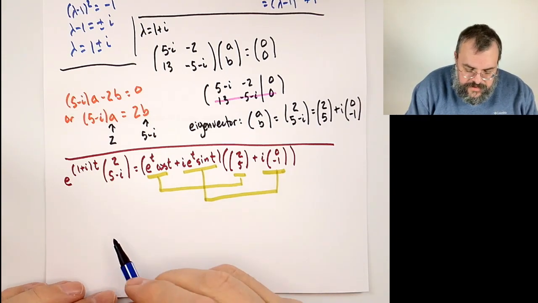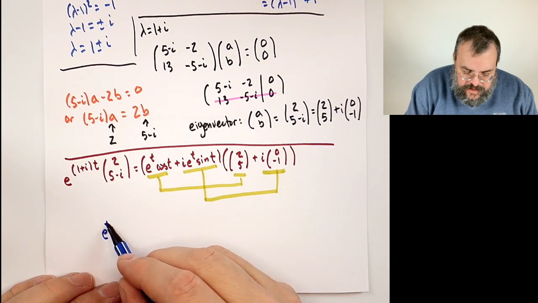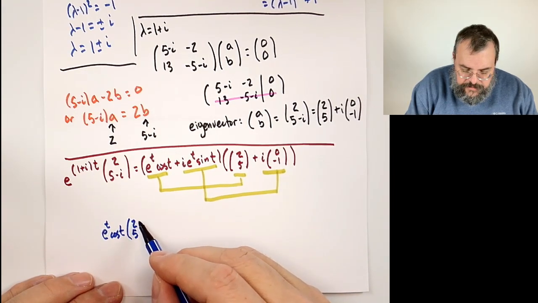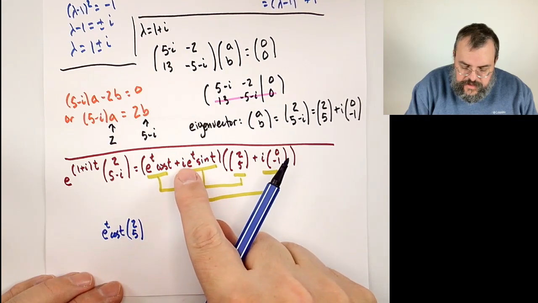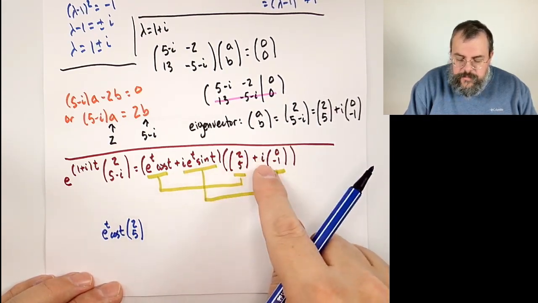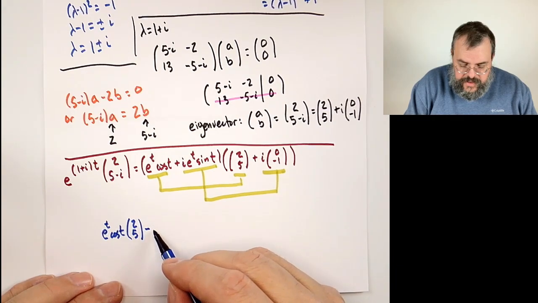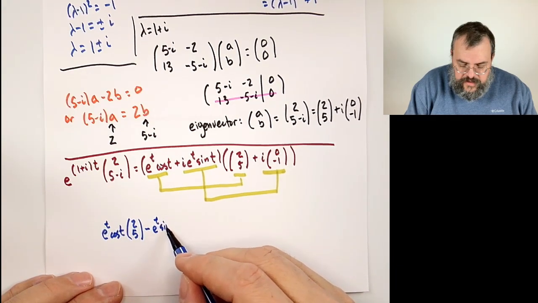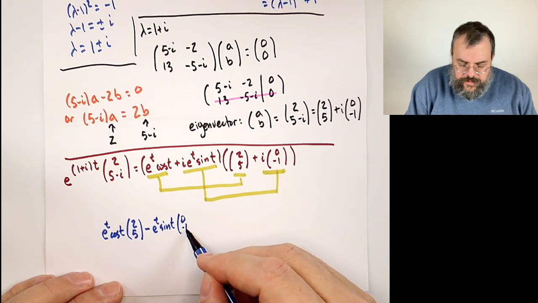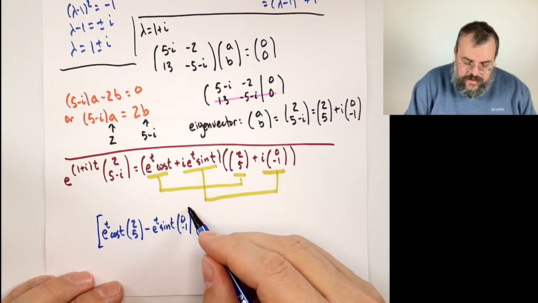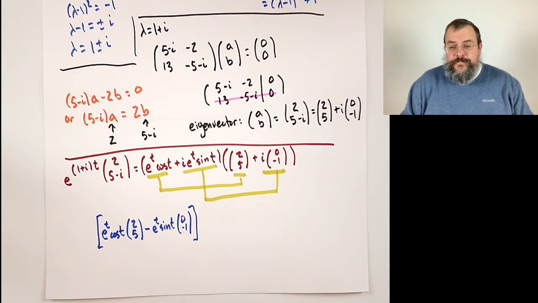So this will give us e to the t cosine t, 2, 5. Okay, I squared is minus 1. So minus e to the t sine t, 0 minus 1. Okay, so that is one of our solutions.